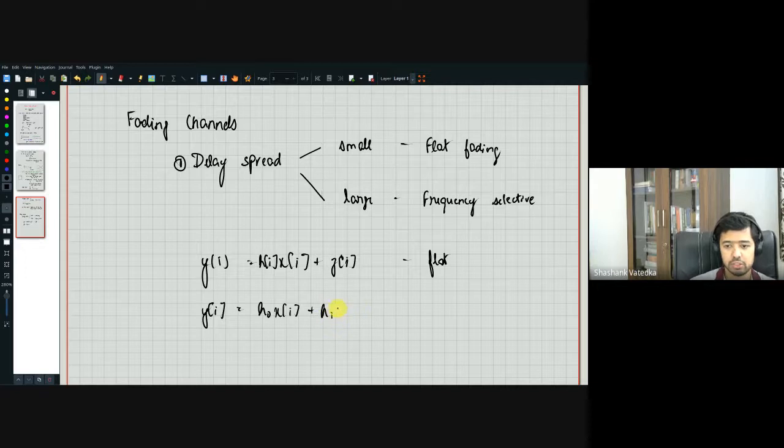All right, so let's say h1 x of i minus 1 plus h2 x of i minus 2 and so on, plus z of i. Right, so this is a typical frequency selective model.